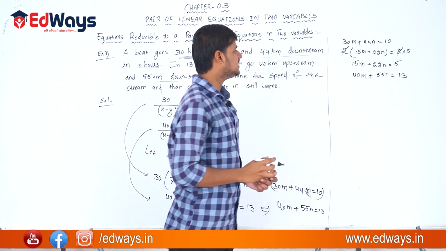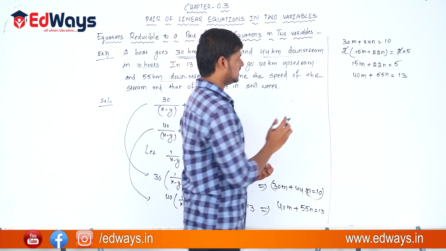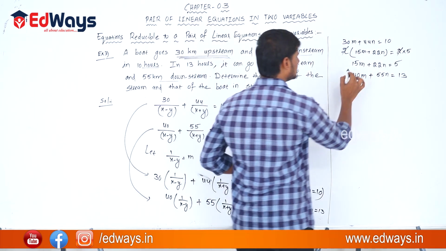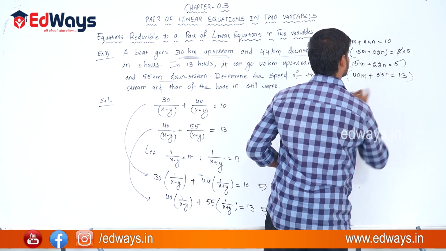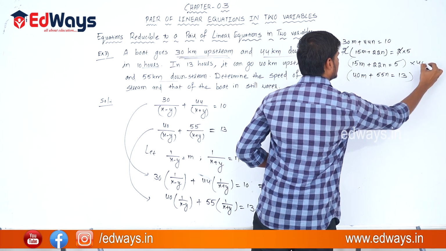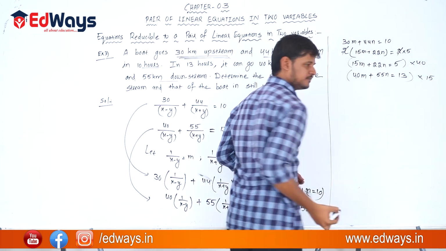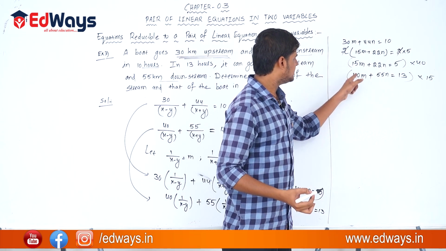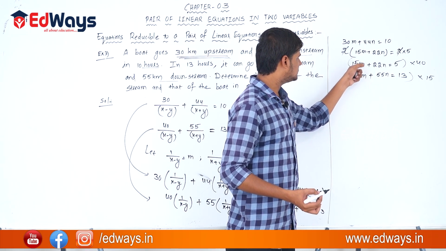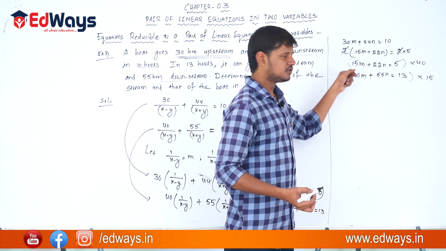Now I should make any of the coefficients equal, either the m coefficient or the n coefficient. So how do I make that? Let me multiply the first equation with 40 and the second with 15. So this equation I am multiplying with the coefficient of m from the second, and the second equation with the coefficient of m from the first.